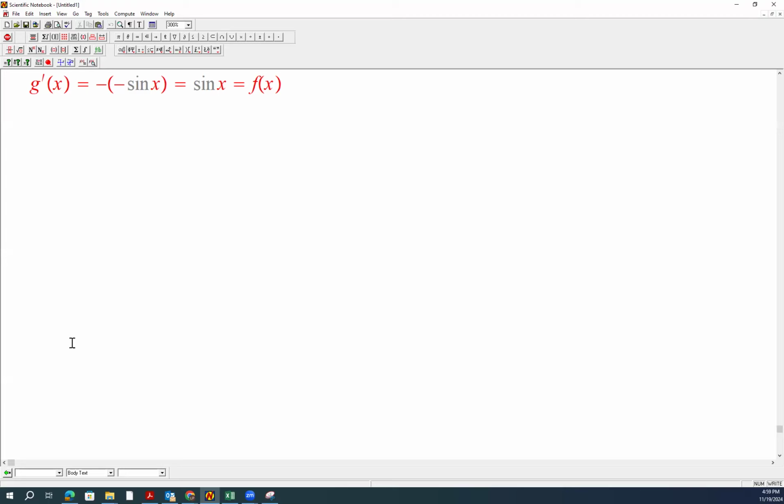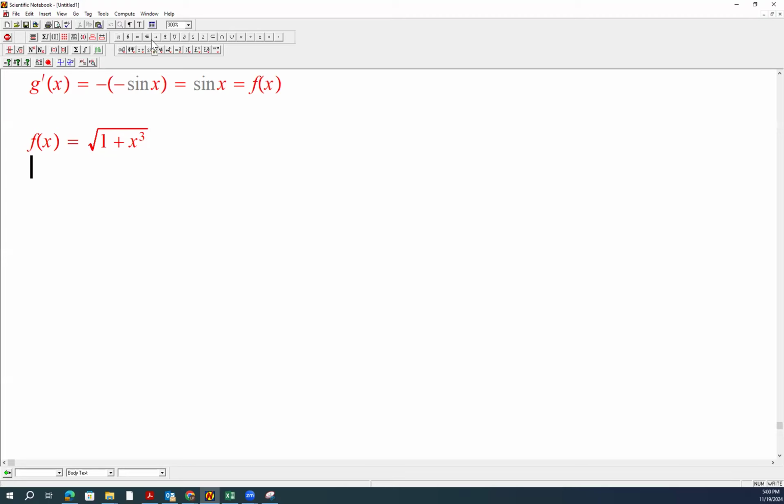Let me give you another example. For example, I have an f of x that is going to be equal to the root of 1 plus x raised to the power of 3.